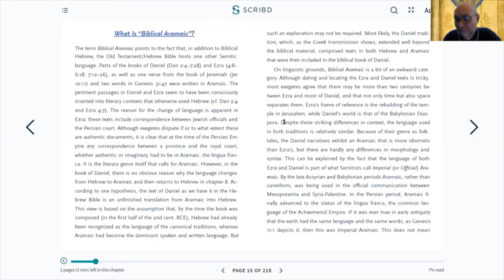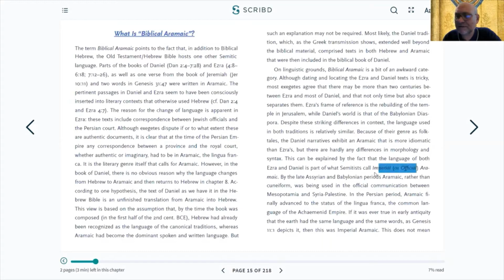Diaspora means that they were carried away. Despite these striking differences in context, the language used in both traditions is relatively similar because of their genre as folk tales. The Daniel narratives exhibit an Aramaic that is more idiomatic than Ezra's, but there are hardly any differences in morphology and syntax. This can be explained by the fact that the language of both Ezra and Daniel is part of what Semitists call imperial or official Aramaic.